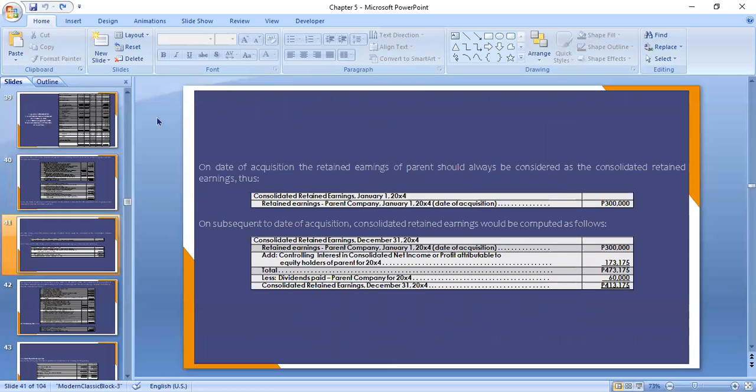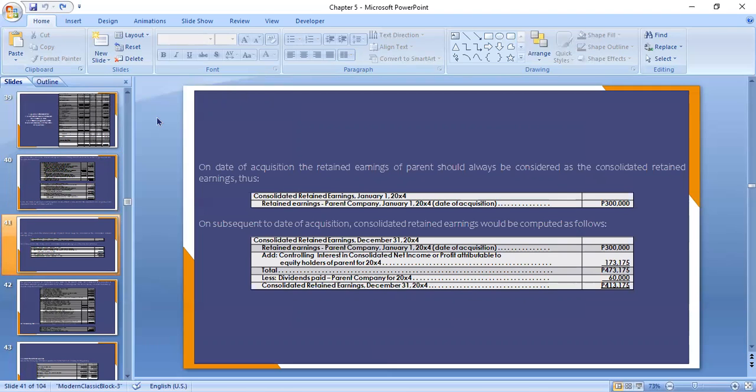On the date of acquisition, the retained earnings of parent should always be considered as the consolidated earnings. Actually, we have to call it consolidated, but that of the parent, we are trying to adjust, no?